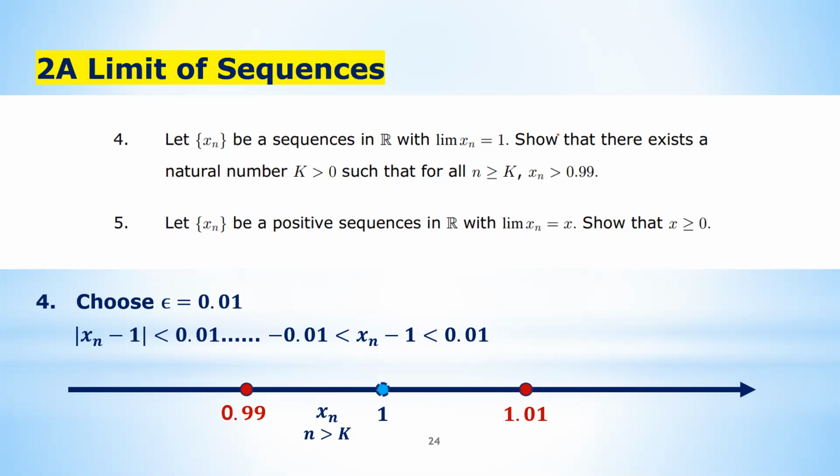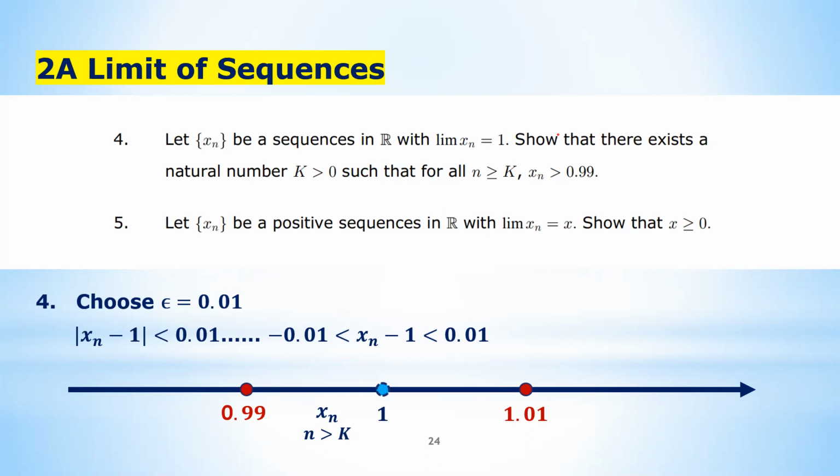And here is something maybe new. This inequality with an absolute value sign can be expressed using two inequalities without absolute value. Taking off the absolute value sign, you immediately get xn minus 1 less than 0.01, but on the left side it has to be greater than minus epsilon, which is minus 0.01. So from the epsilon definition, you can remove the absolute value sign to reach an equivalent inequality.